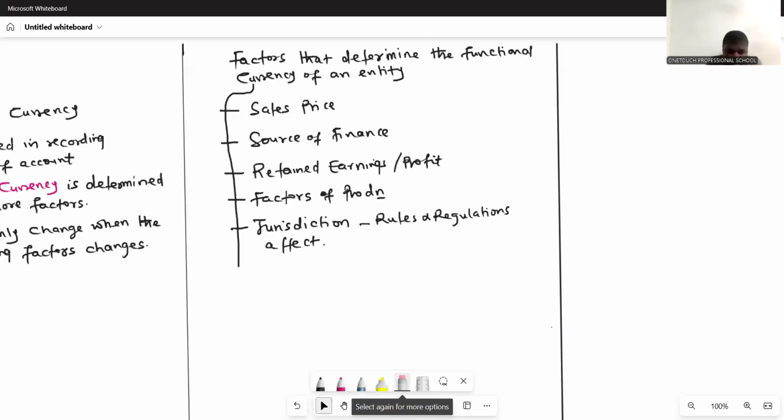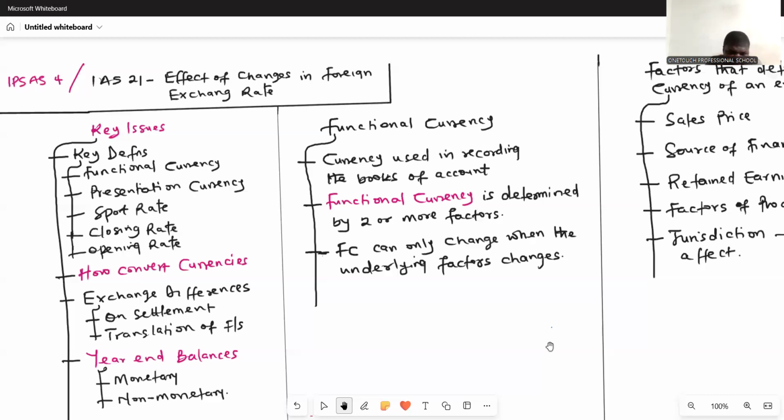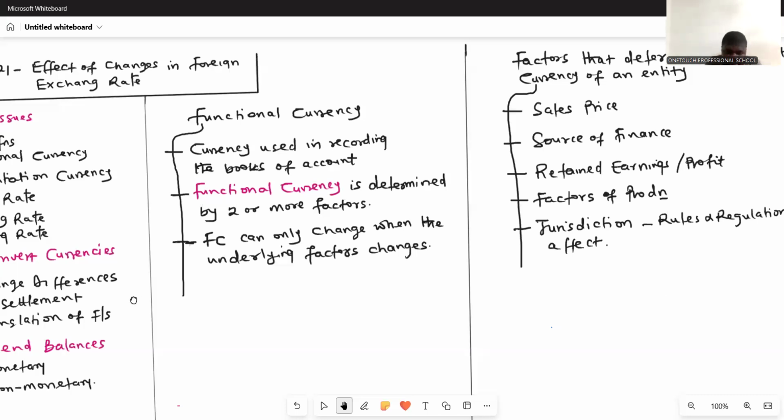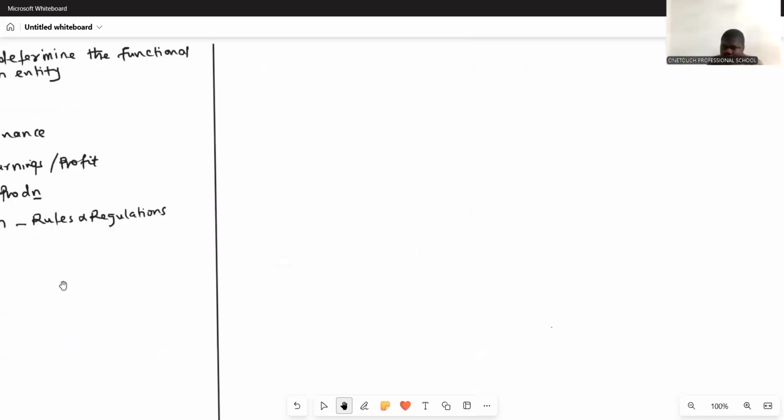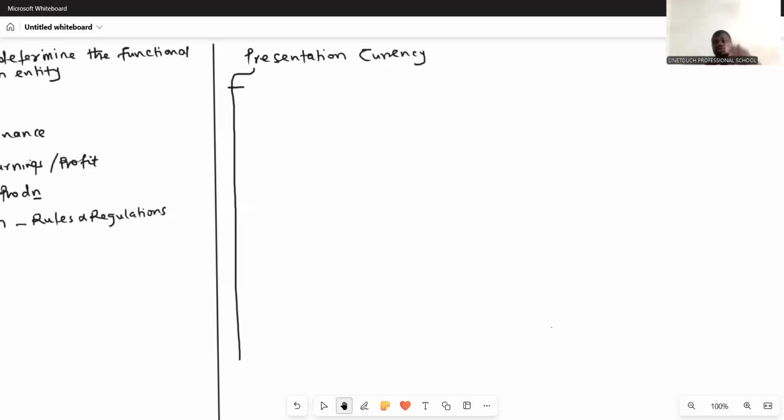Okay. Now, the next definition we need to understand is the presentation currency. Presentation currency is the currency used in presenting the financial statements.